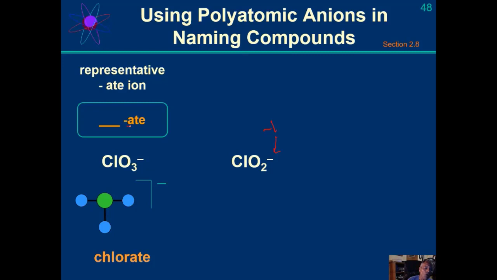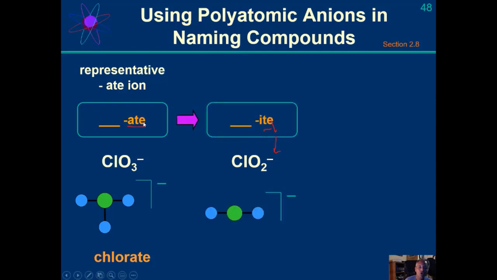We're going to go from chlorate to chlorite. Okay, so this will be chlorite. Now the same thing would be true if I had nitrate and I removed one oxygen. So just for instance, nitrate is NO3 with a -1 charge, and nitrite is NO2 with a -1 charge, in the same way that chlorate goes to chlorite.